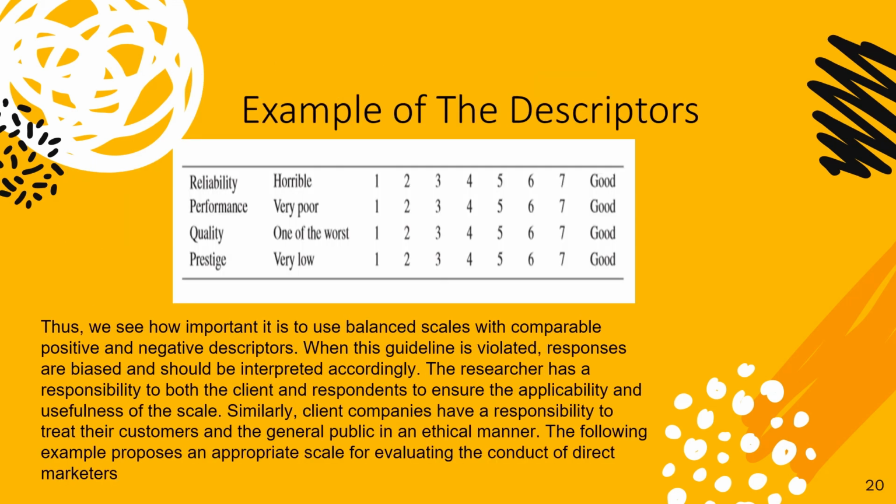That is an example of a descriptor that biases the result. The points run from 1 to 7, ending at good. We can show this table.